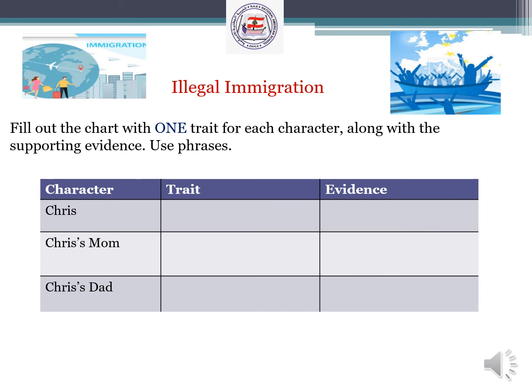She is also an adaptive person. The evidence is making repairs in the apartment. Whereas Chris's dad is a risk taker, the evidence is taking the risk of living as an illegal immigrant, and he is multi-skilled. The evidence is working as an electrician and making repairs in the apartment.